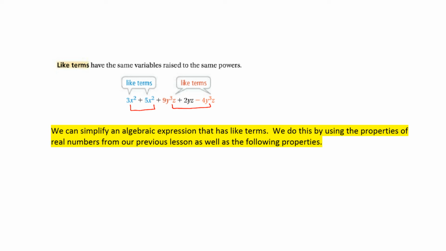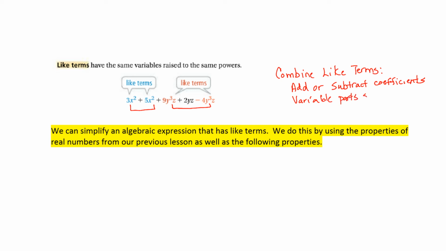When we combine like terms, we add or subtract coefficients. Variable parts stay the same.